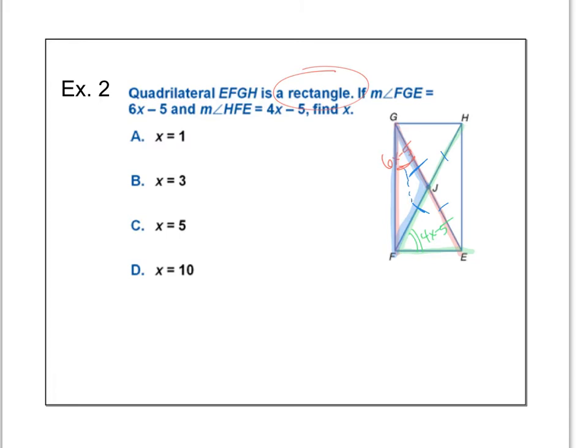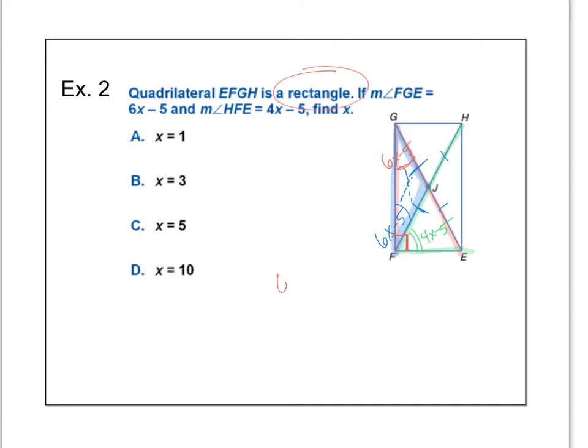Go across from those congruent sides, and you're going to figure out the 6x minus 5 at angle G is also going to be congruent over here. So now think about this corner down at angle F. This whole corner is 90 degrees if it's a rectangle.